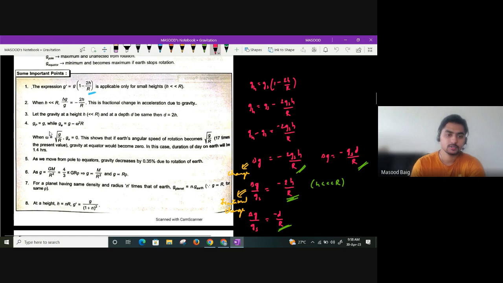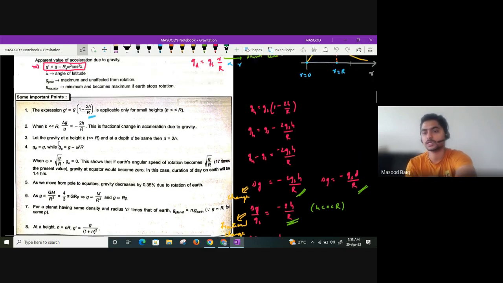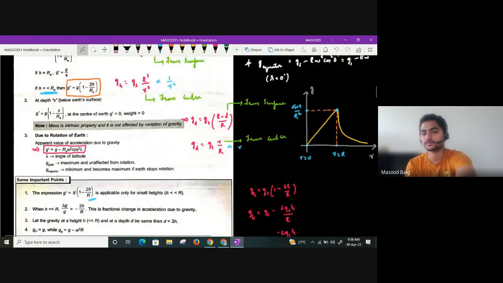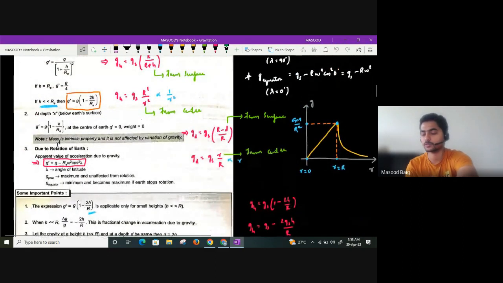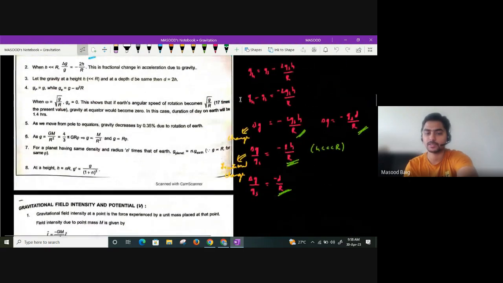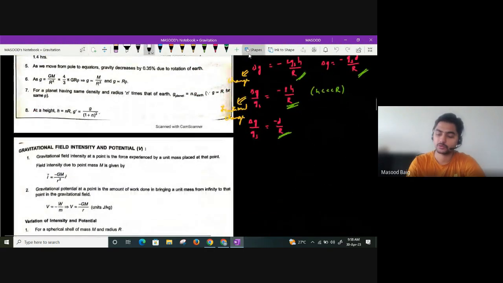Right. Now what they are saying is, suppose there is something called weightlessness, guys, at equator. So when I go back to the acceleration due to gravity at equator, you will get something in this manner. Yes or no? If I multiply by mass on both sides, what are we going to get?